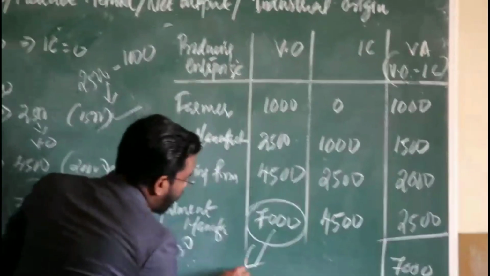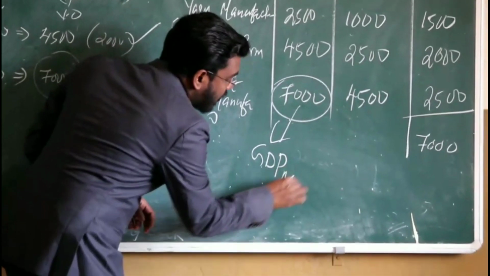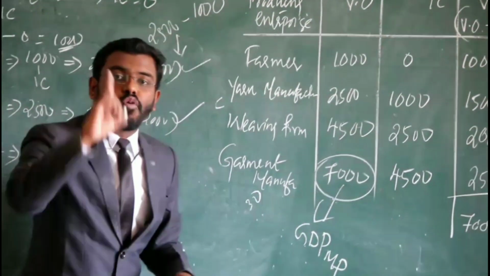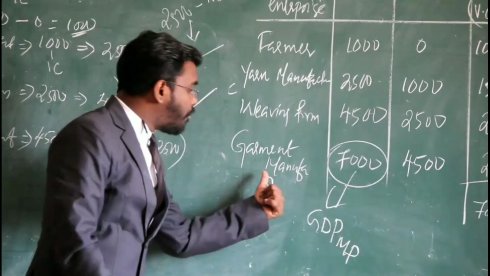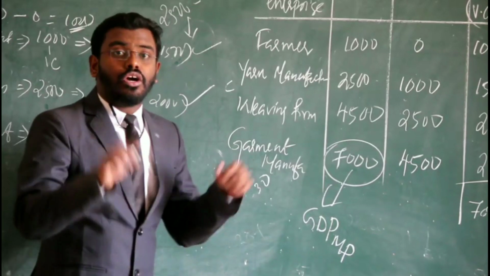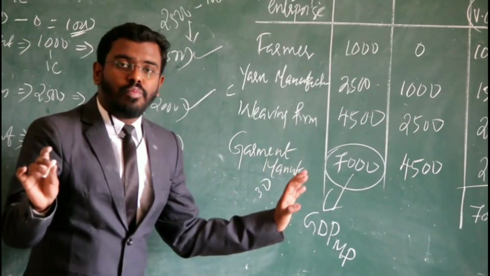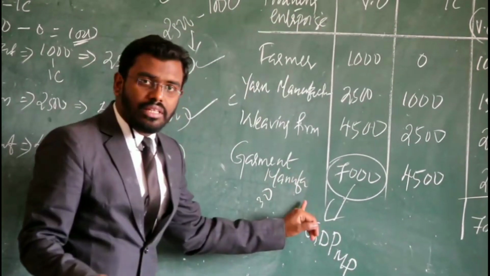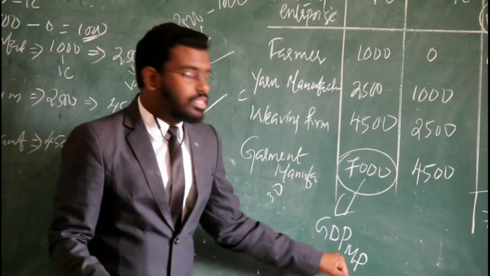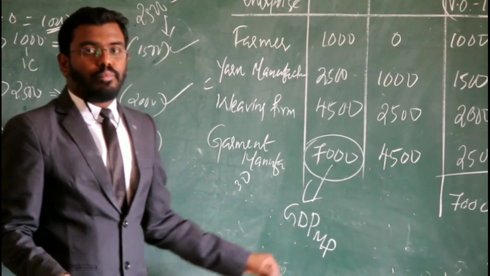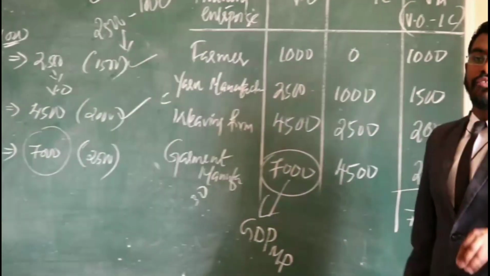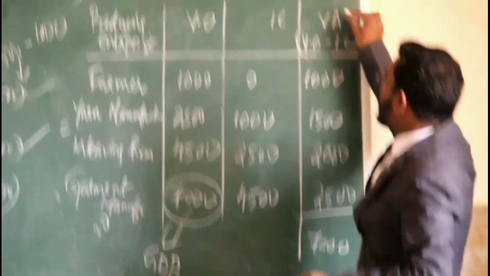So this 7,000 is known as GDP-MP, because GDP-MP is the money value of all final goods. Here only one final good is there, that is garment, produced in a country during an accounting year. We are assuming that only garment is produced in that particular country, so its value is 7,000. So this is GDP-MP.